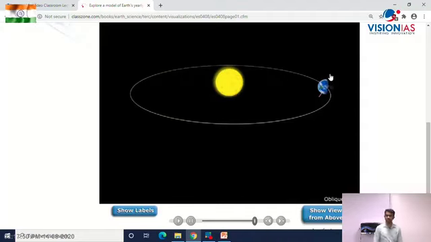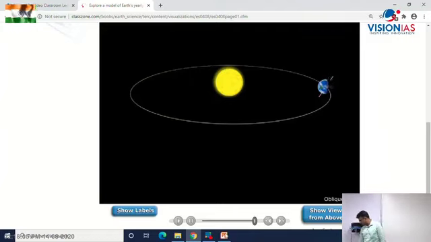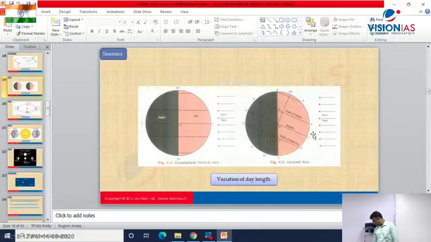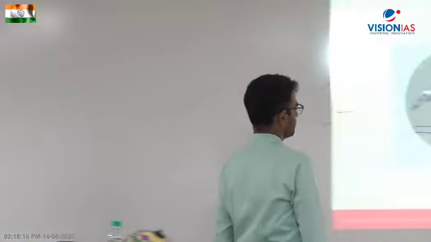So Dhananjay is asking, sir, in equinox the axis of rotation and the circle of illumination coincides. So that's a very good question. It will not coincide in the way I had shown in this picture.